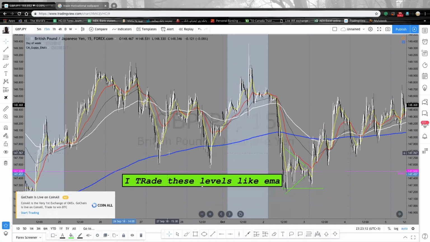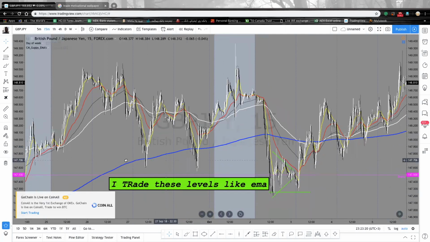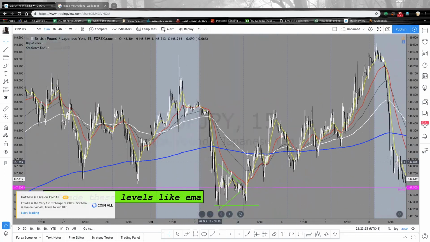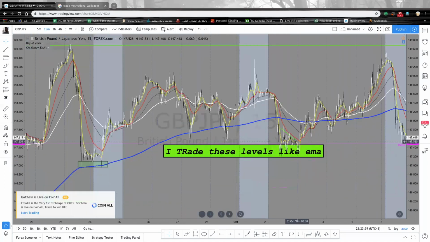Price lies to the EMA, but price can't lie to my level. And if they break it, they form some setup for me. You see, when they break it, come back up, stay on the level, working the level, and then last false breakout, and then moving it up.